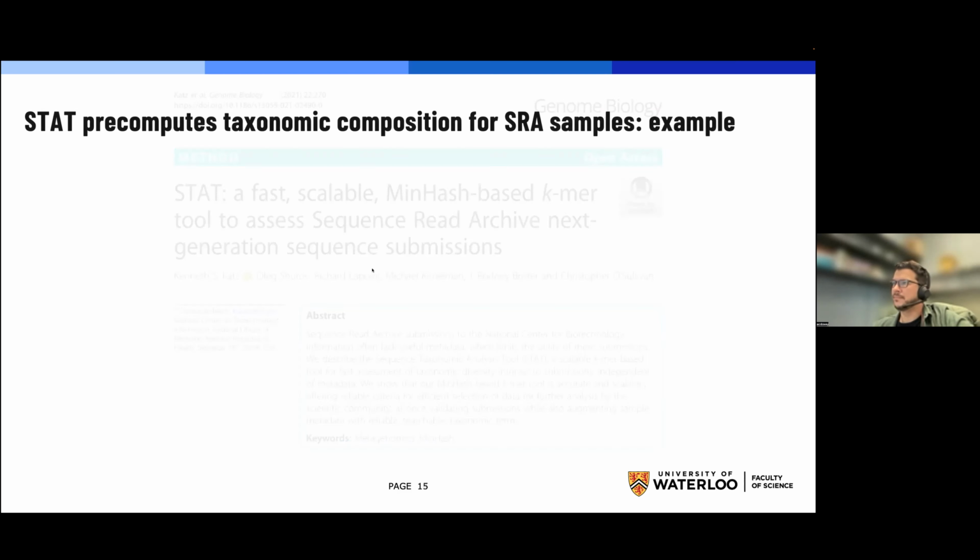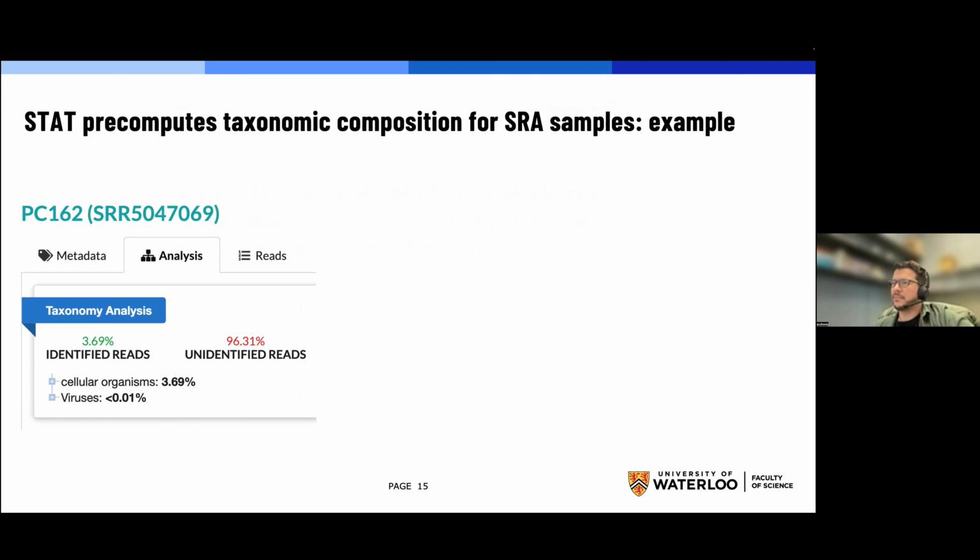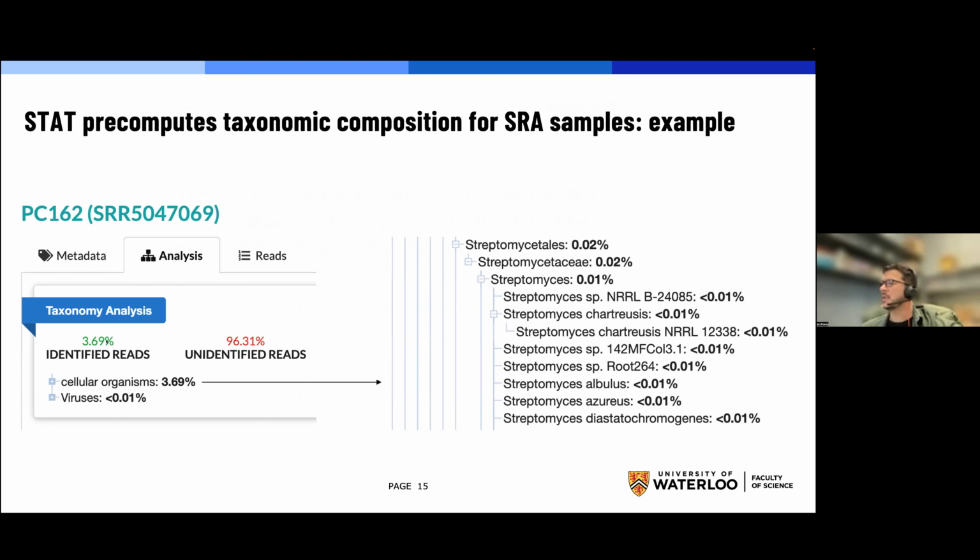For example, here's just a random SRA data set. Most of the reads in this particular case are not identified. They map to nothing in the database, but here we have almost 4% of the reads that can be matched through these short k-mers to reference organisms that are in our current database, and so that way you can get an idea of what taxa might be there.